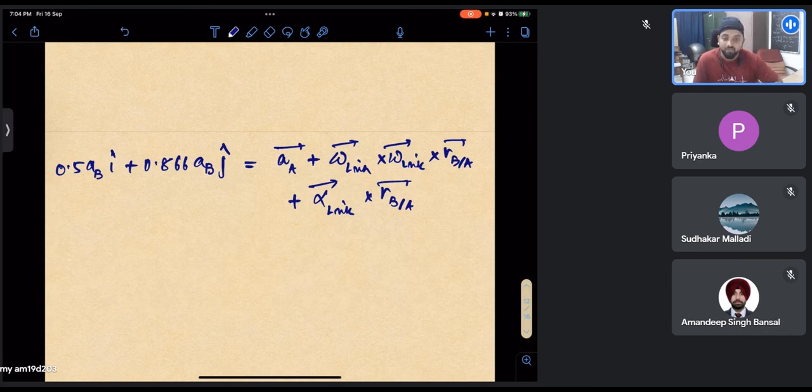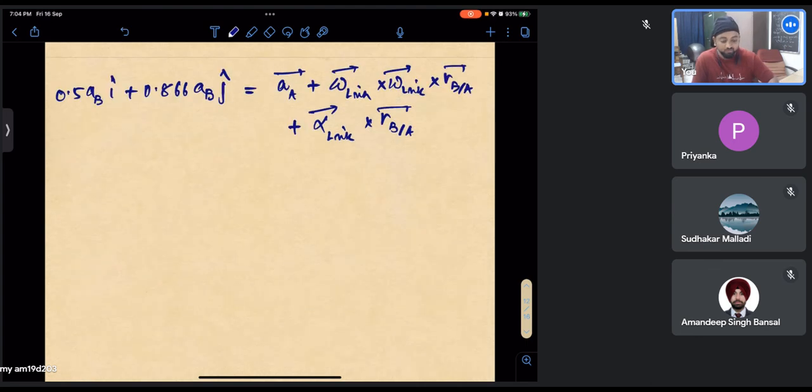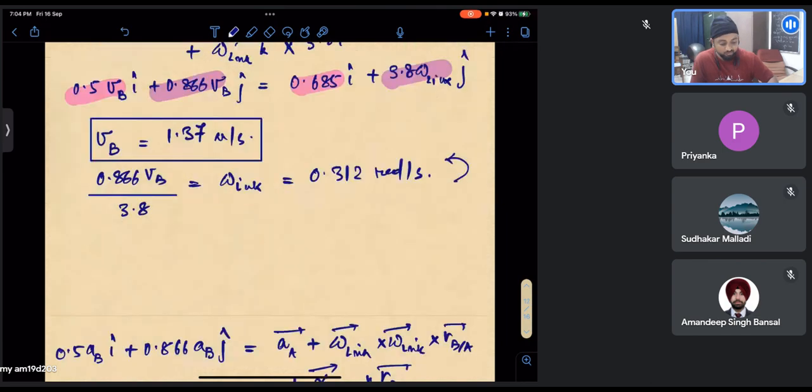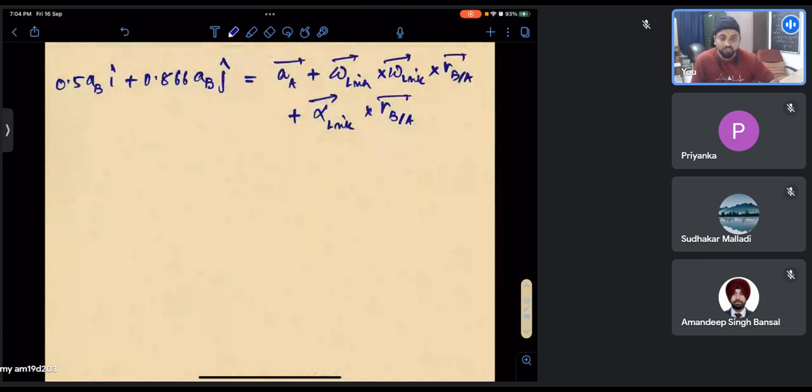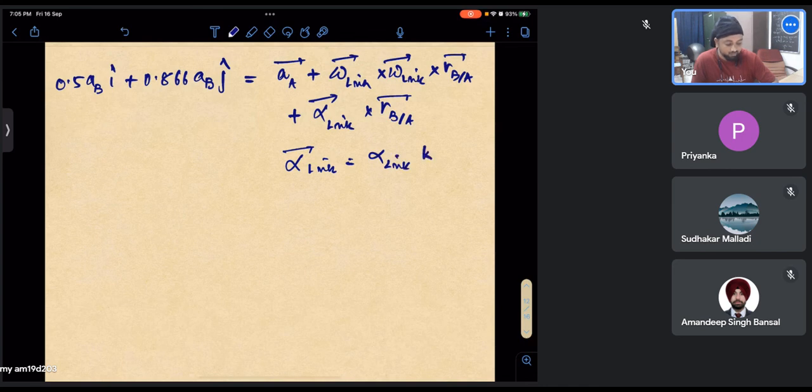We had concluded that alpha disk is 0 because it had constant velocity at that point because of the constraints of the system. So we will take alpha link similar to our omega, as alpha link k cap.